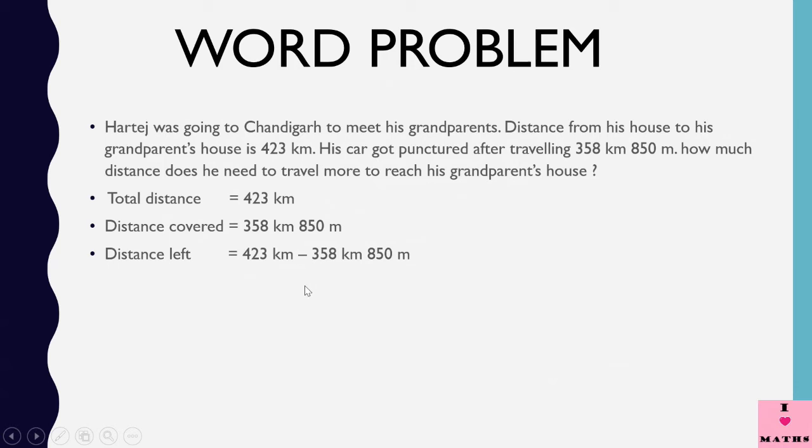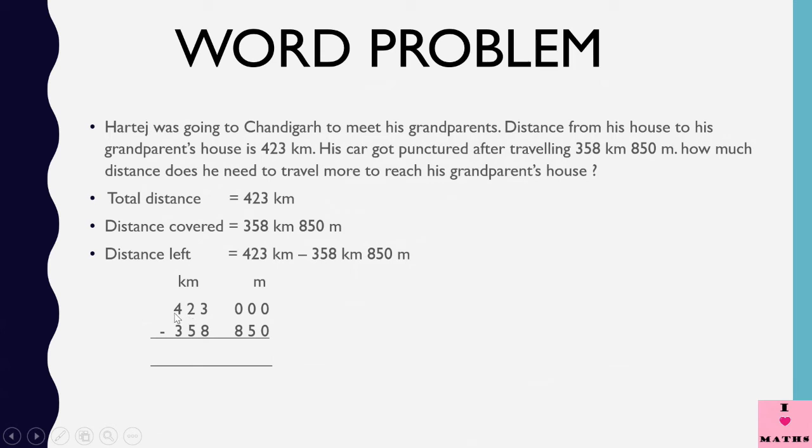Now again, children, we will write kilometers separately and meters separately. But here there are no meters. So what will we do? In the meters column, what will we write? Yes, we will write 000 meters. See, like this.